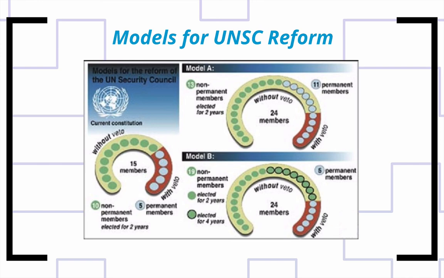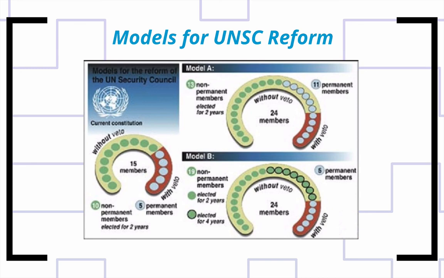One is Model A, in which you would expand the overall membership to 24, right? You would have still the P5, right? I'm sorry. No, sorry.